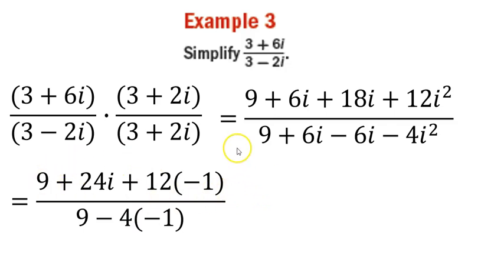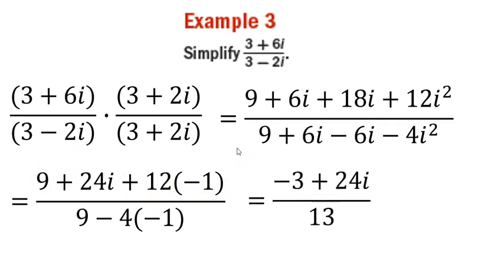Carrying out some more simplification, I'm going to do 12 times -1, which is -12. 9 minus 12 is -3. The 24i stays put because there are no like terms to combine with it. In the denominator, -4 times -1 is +4, and 9 plus 4 is 13.